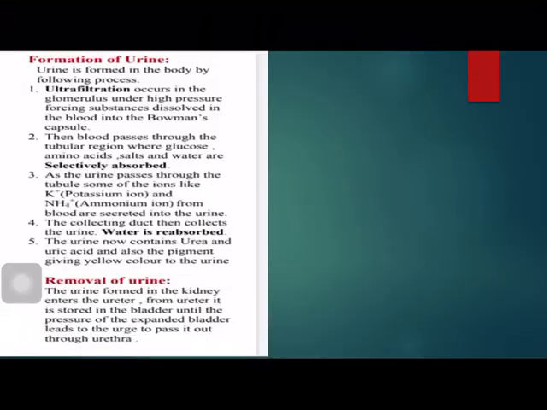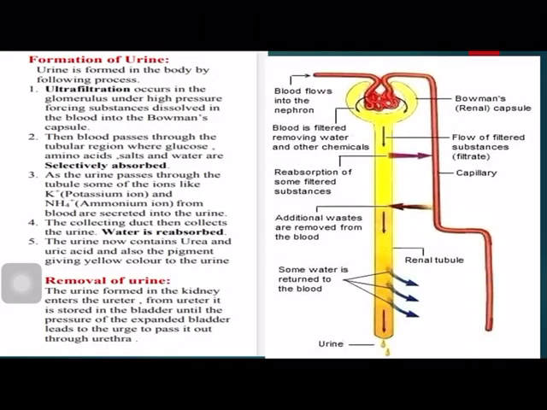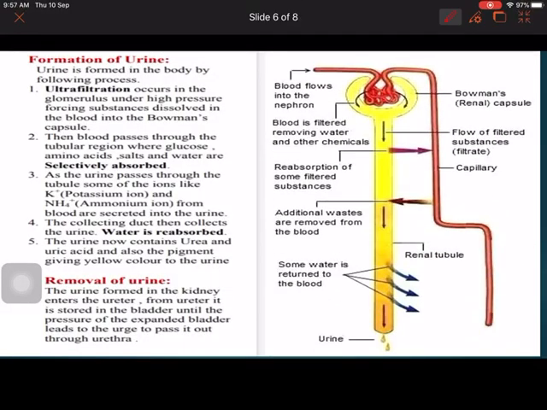Now let's see the formation of urine. First, as we have said, ultrafiltration occurs in the Bowman's capsule. High pressure occurs in the glomerulus, forcing the dissolved blood contents into the Bowman's capsule. Then the blood passes through the tubular region where glucose, amino acids and water are selectively reabsorbed.